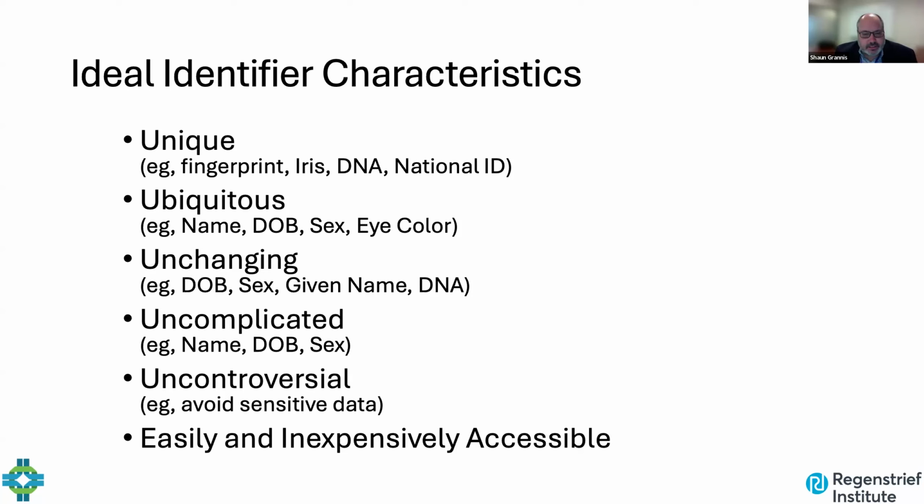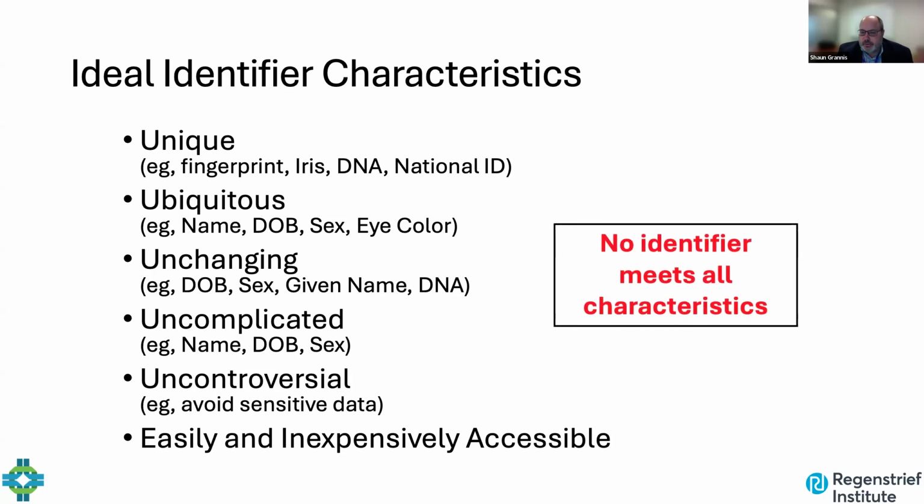That's, of course, not going to work for a variety of reasons. We want it to be uncontroversial. And what is uncontroversial varies depending on your location. It depends on the regulatory framework that you're operating under. And then I couldn't find a U for the final one, so I just said easily and inexpensively accessible.